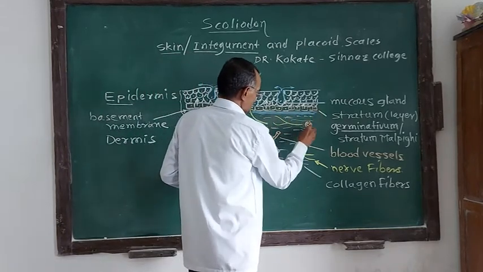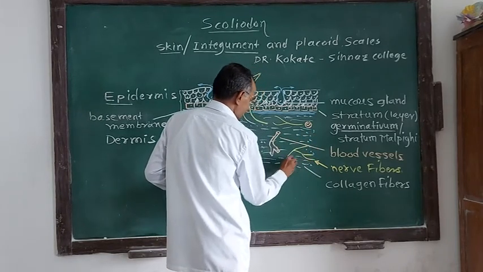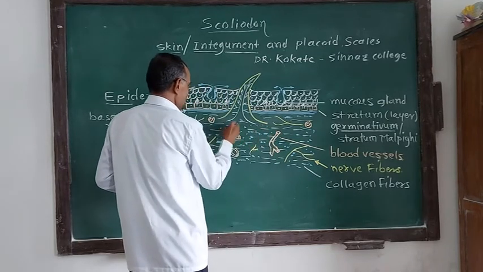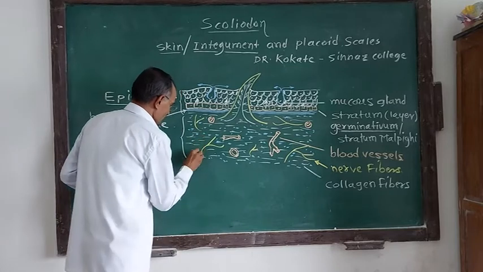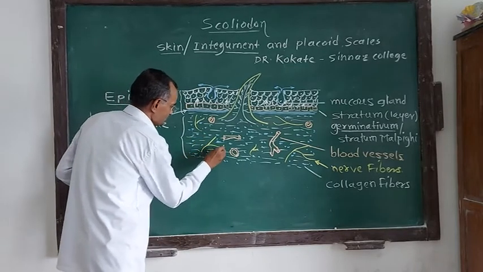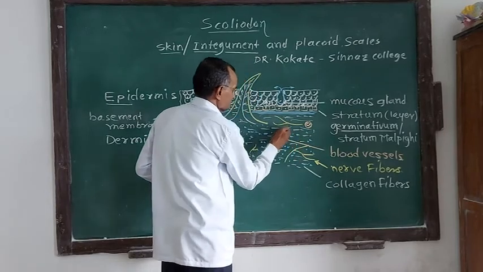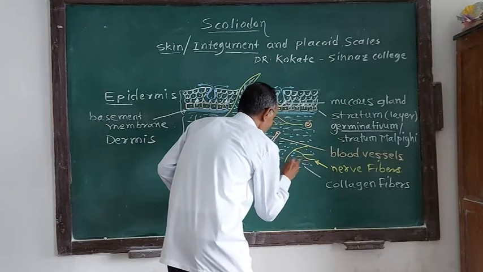Connective tissue. So this is the entire connective tissue, and thus the dermis becomes thick like this. I will try to show it here as connective tissue in blue color. Very simple, connective tissue.